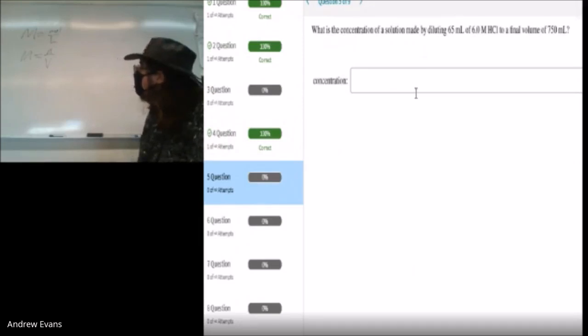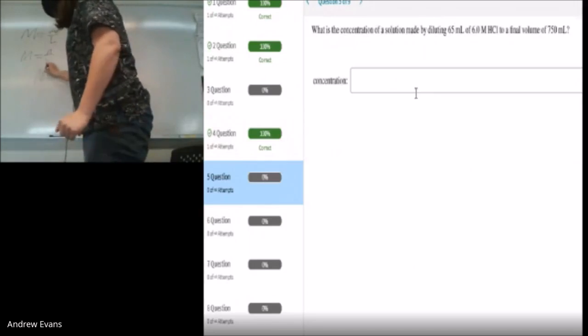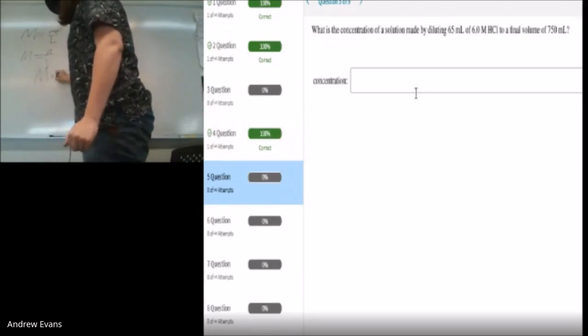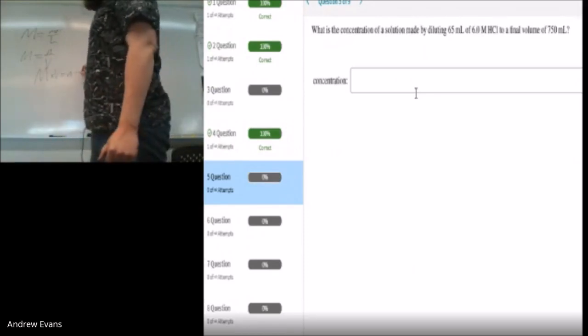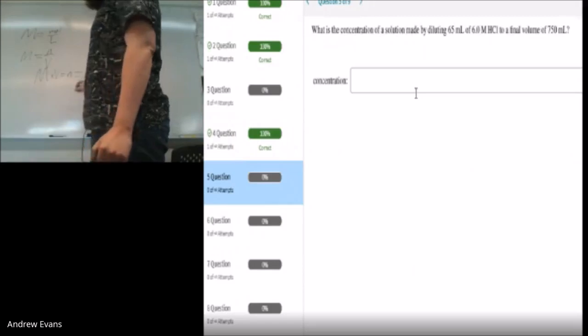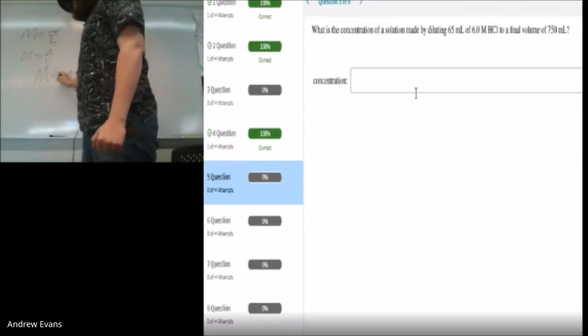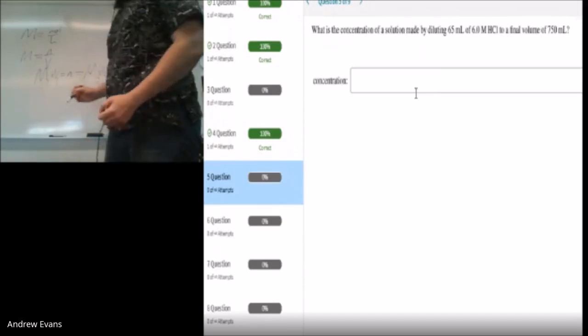So what we're going to say is that if molarity times volume equals moles, and moles do not change, this is also equal to a molarity times another volume. So essentially M1 V1 equals M2 V2.